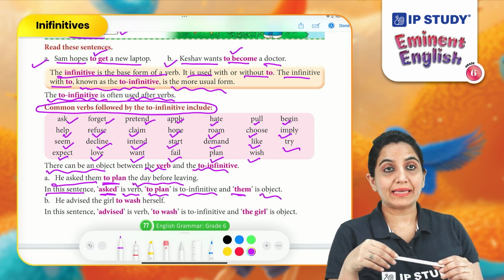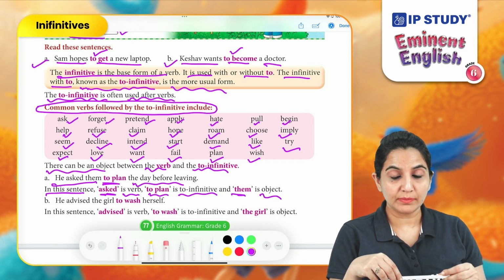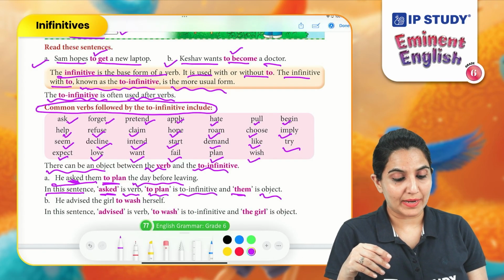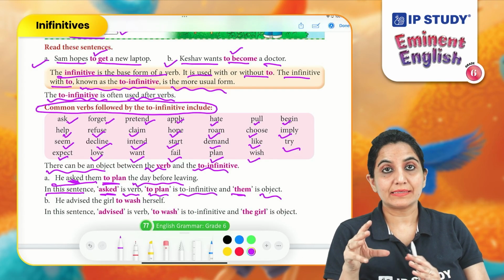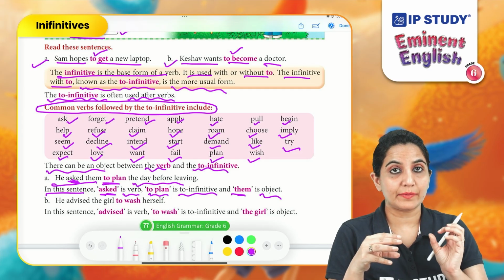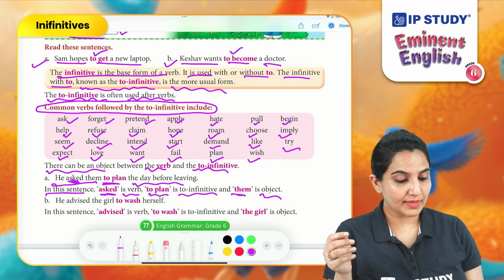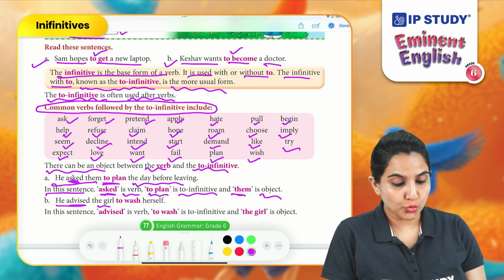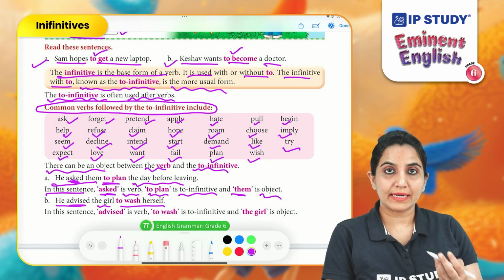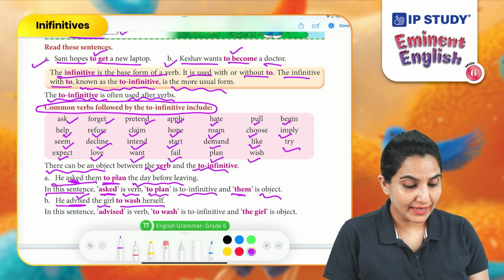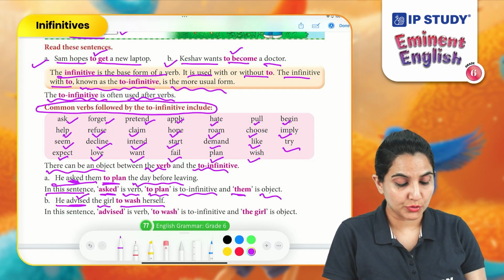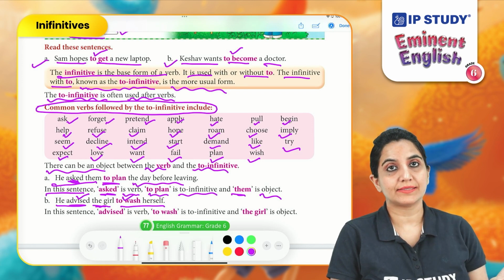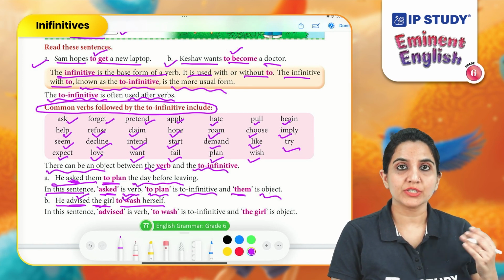He advised the girl to wash herself. Again, the verb is advised, the to-infinitive is to wash, and the object is the girl. He advised whom? He advised the girl to wash herself.